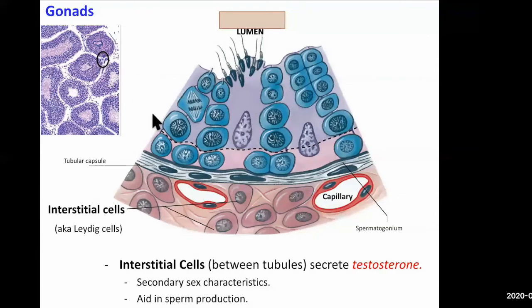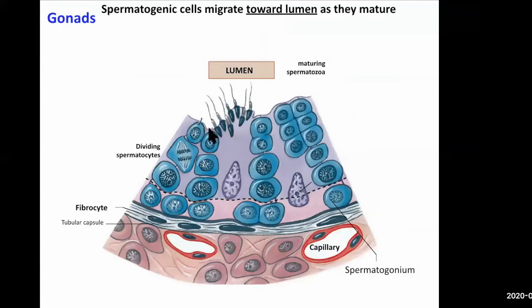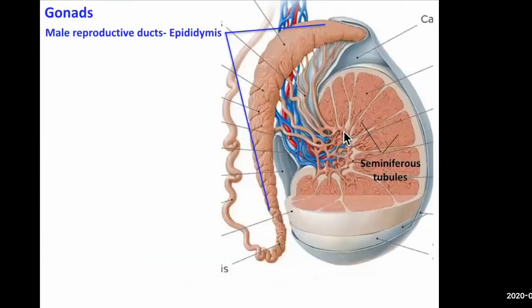All right, so those cells are dividing, and the most mature cells are going to be in the middle, in the lumen, right over there. From there, all these tubules are packed inside, and you're going to see them go through here and end up going out through these other ducts into this comma-shaped structure outside the testes, called the epididymis.